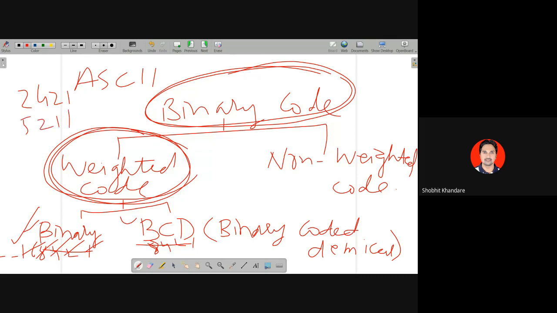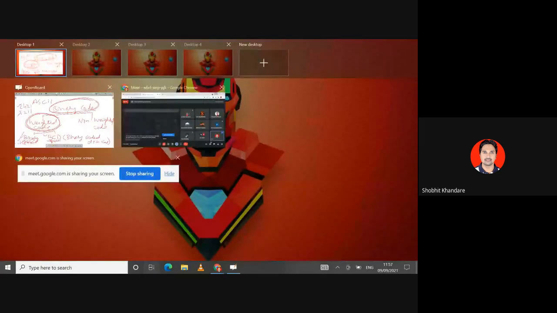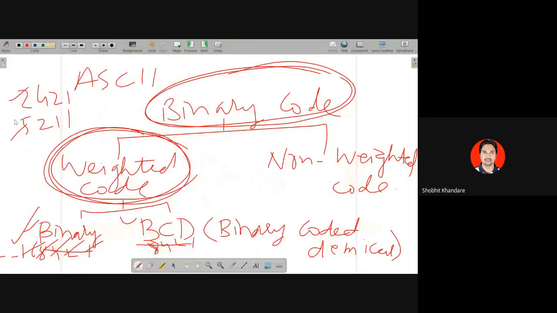There are many. I am just giving you 2 examples here. What does 2421 mean? If you use this code 2421 and represent number 3, tell me the code.